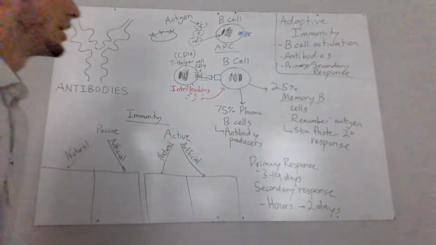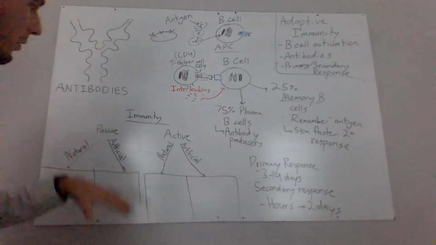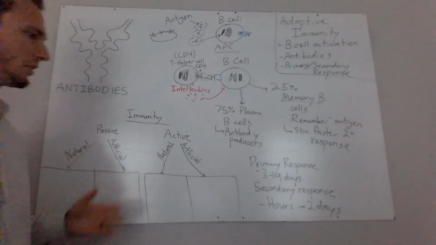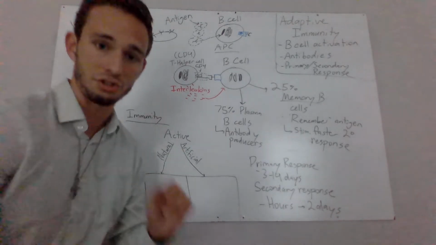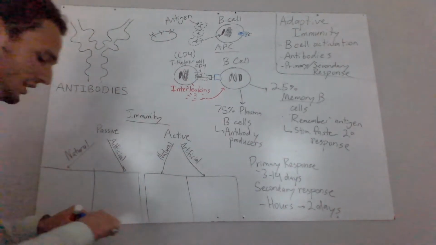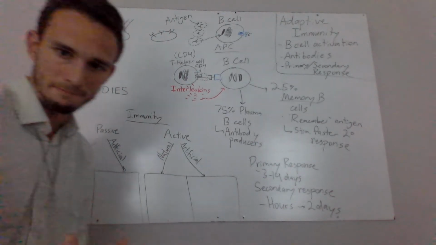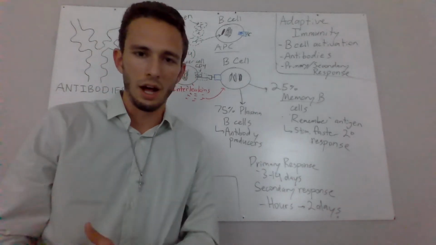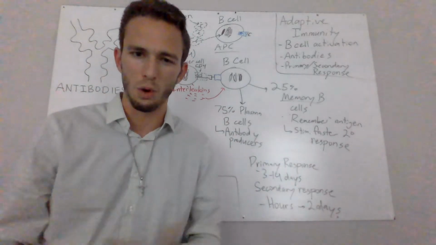Okay, so that kind of goes into what I want to talk about with passive and active immunity. So we're going to go here first, and then I'll talk about why antibodies are so important for fighting off infections. So when you get a vaccine, right? When you get a vaccine, you are basically getting a weakened part, let's just say, of a virus. Okay, a weakened part of a virus.